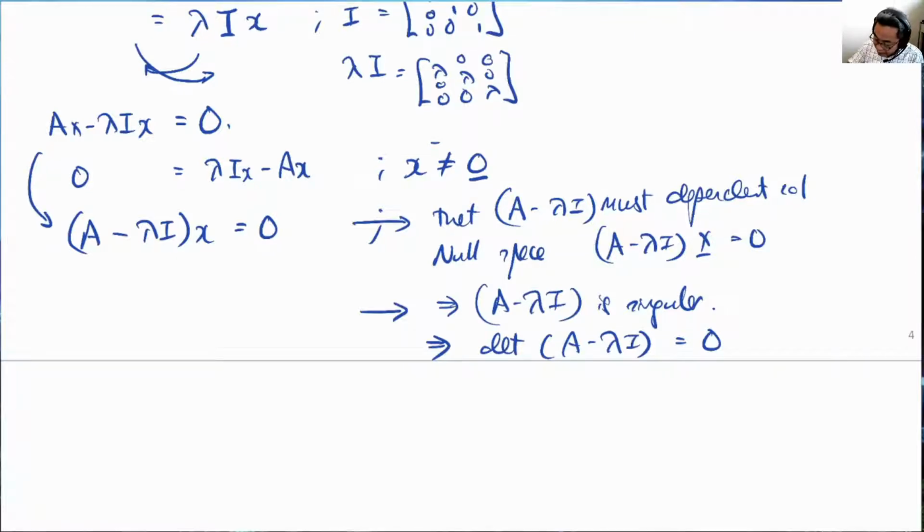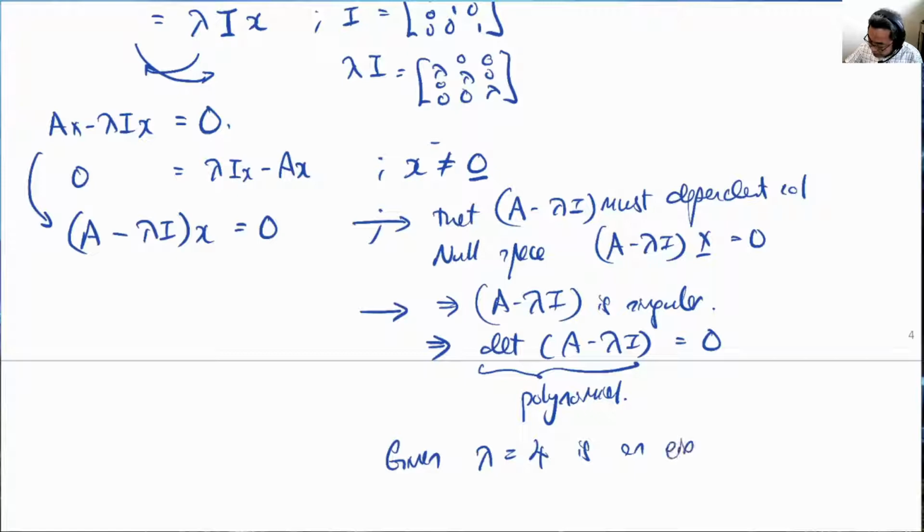We will use this fact to convert the equation into a polynomial. In a later question, when we convert this into a polynomial, we can find the roots of the equation and hence the eigenvalues. But in this particular question, we are given that lambda equals 4 is an eigenvalue, and we are only asked to find the corresponding eigenvector.